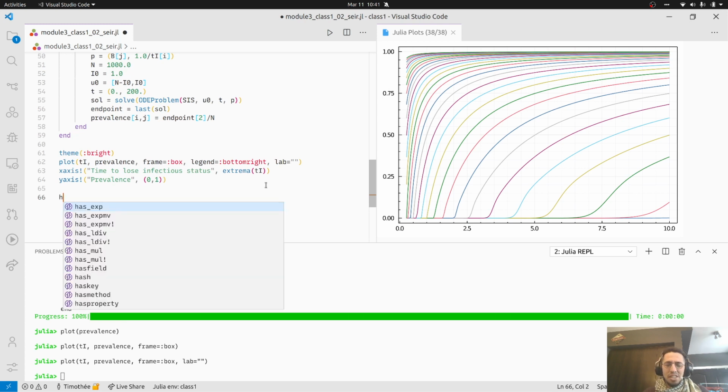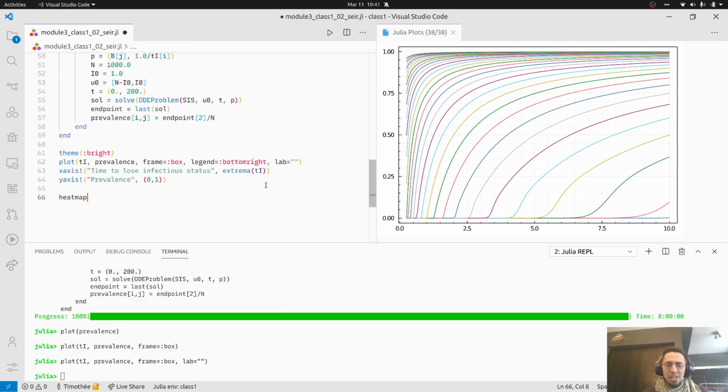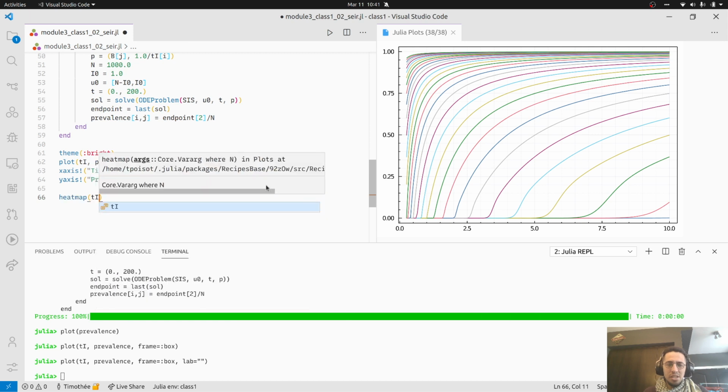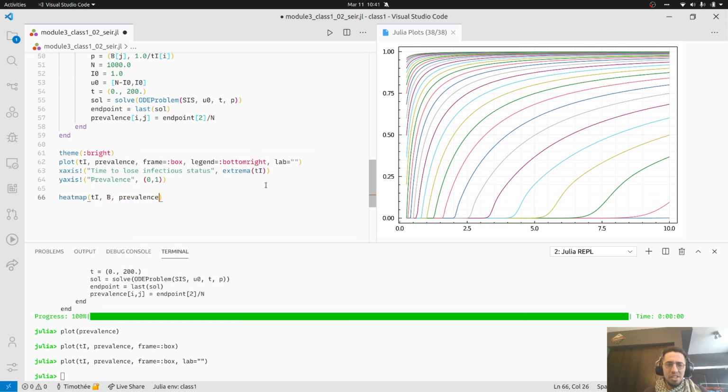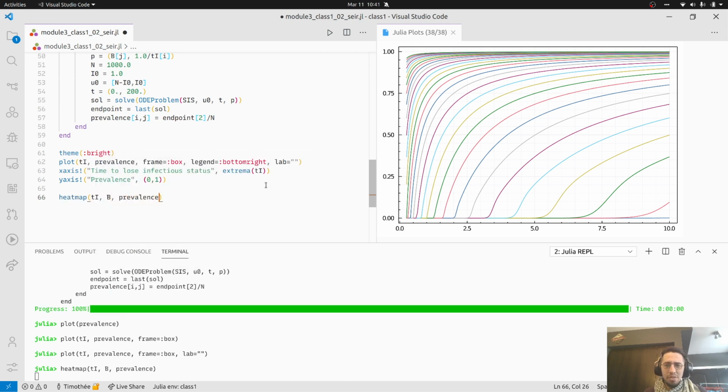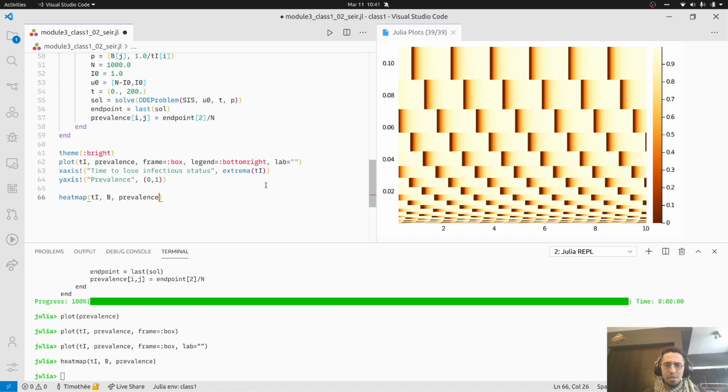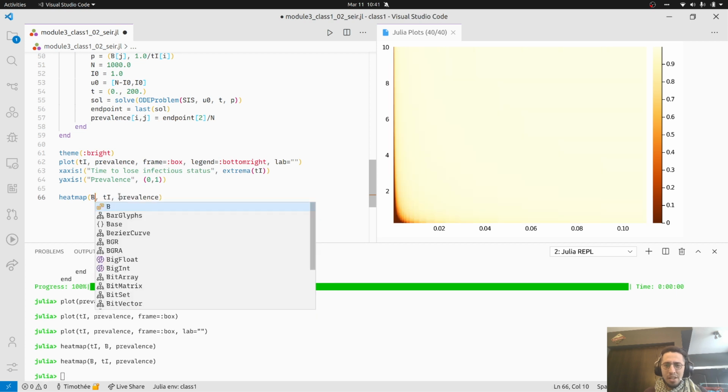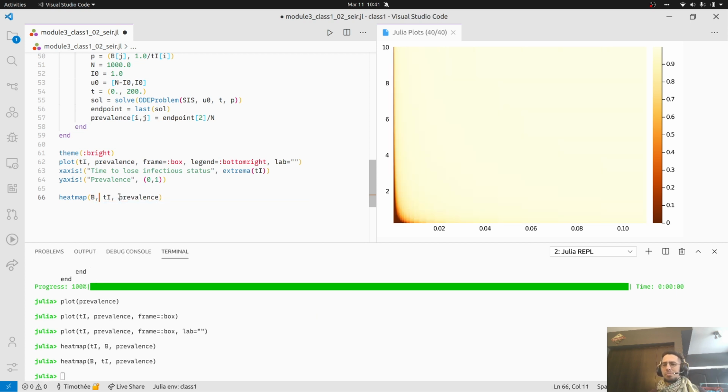Let's try with a heat map, and we have T, Y, and B, and then the prevalence. Okay, so what we have here, right, is let's annotate the axis again.